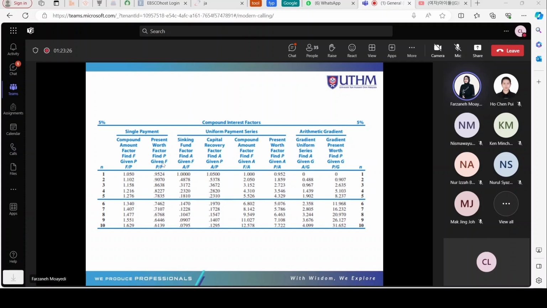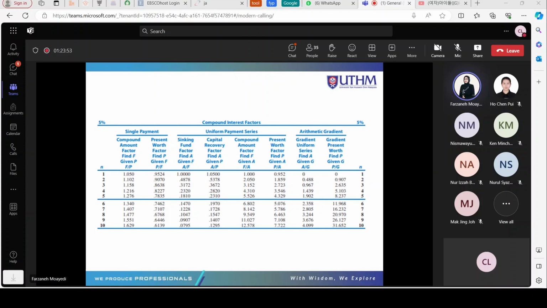The first two are only for a single payment, a one-time payment in the beginning or one-time payment at the end only. These 4 columns, under the uniform payment series, which is A, basically mean that there is more than one-time payment. So maybe every single year you are paying money, or every single year you are receiving money.